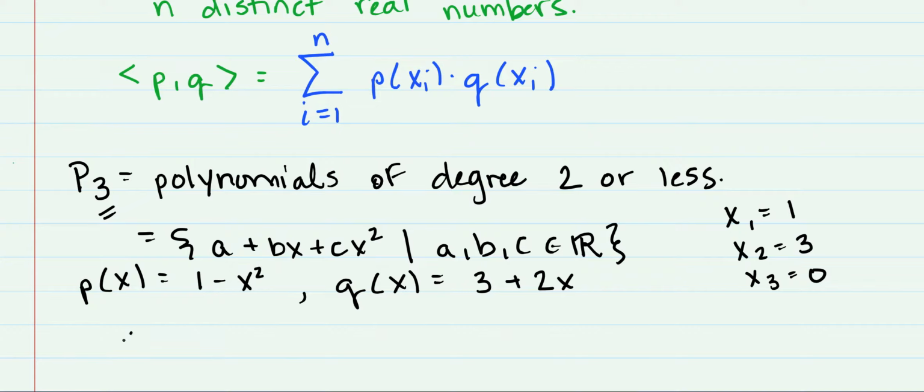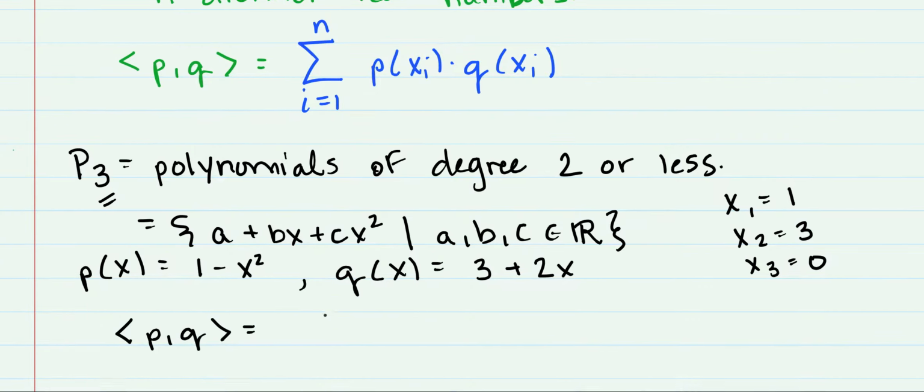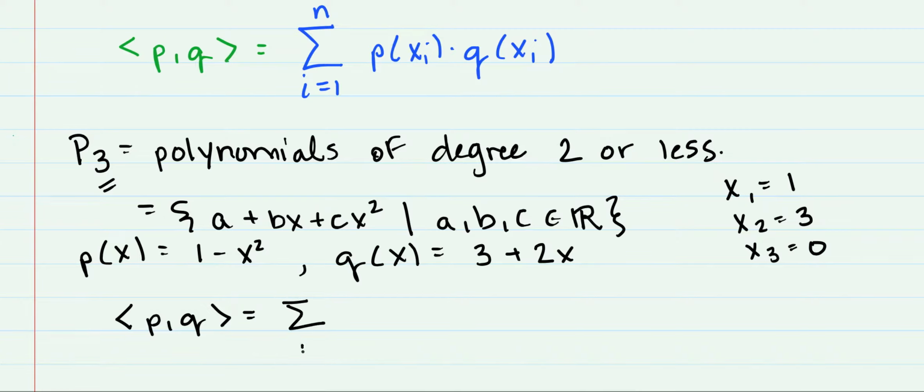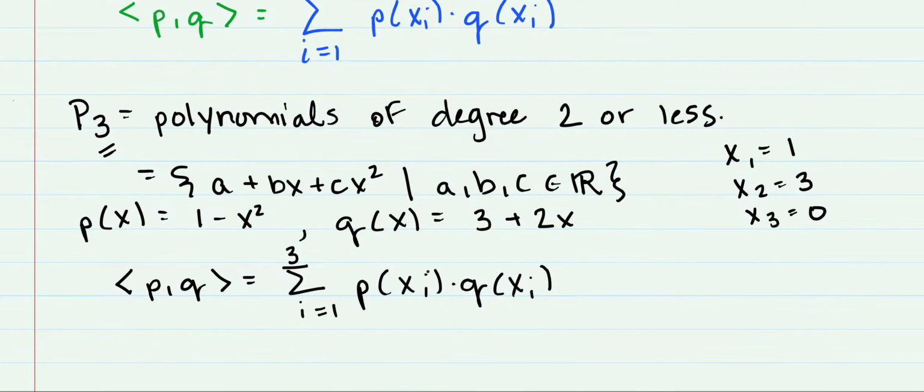Then the inner product of p and q is the sum, i is 1 to 3, of p of xi times q of xi. Okay, well, we need to evaluate these polynomials at these 3 points. Let's do that.